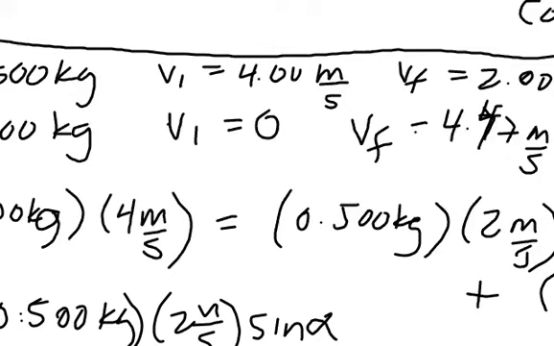And then this guy's going in the negative Y direction, so minus 0.300 kg times 4.47 meters per second times sine beta. All right, clearing up some space.